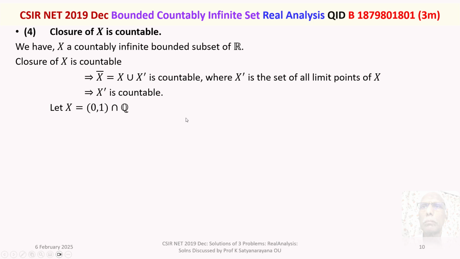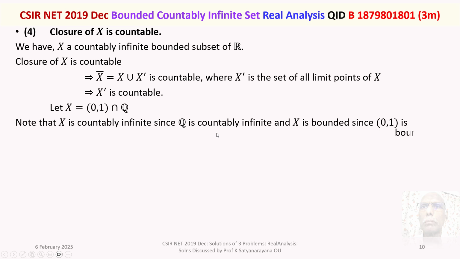They are countable because the set of rational numbers is countable. It is an infinite set also. And it is bounded below by 0, bounded above by 1. So X is countably infinite because Q is countably infinite, and X is bounded because the open interval 0 to 1 is bounded.